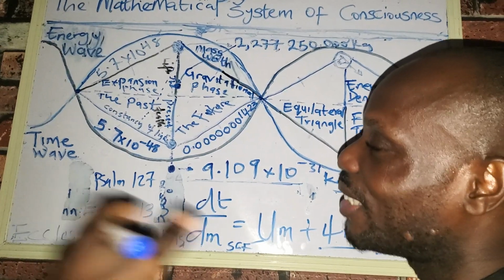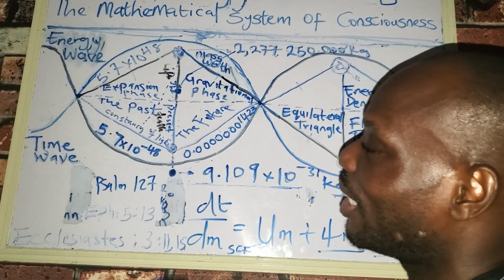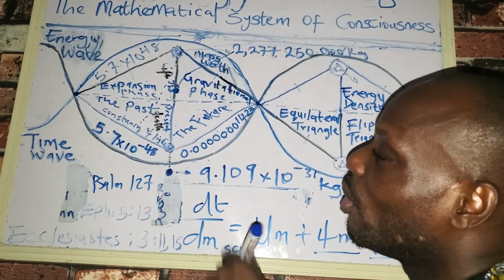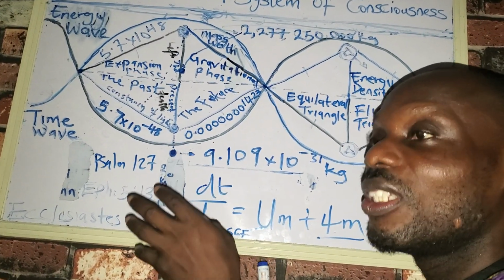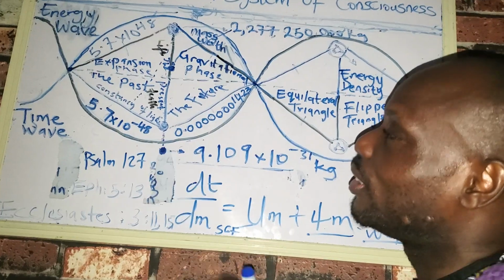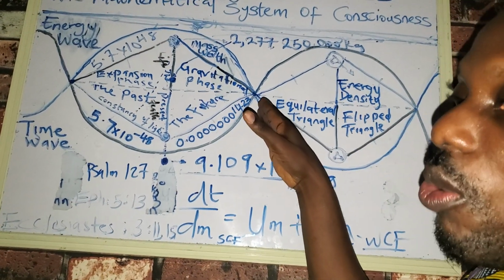I said constantly accelerated momentum in the sense that we're going to have a compacted equilateral triangle, and that forms the nucleus system of the black hole.